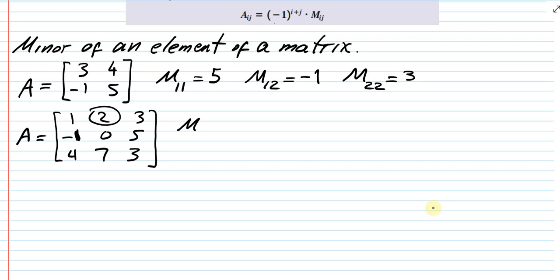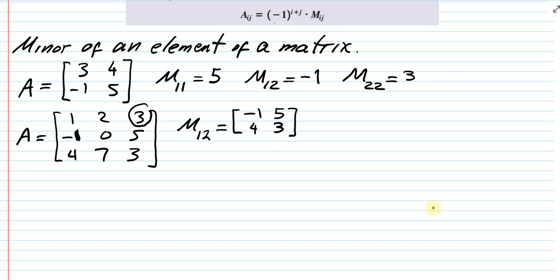So the minor of the element in the first row, second column, which is a 2. You delete the column and you delete the row in which 2 appears. The remaining matrix is -1, 5, 4, 3. All right, it's a matrix. So that's the minor of 2.